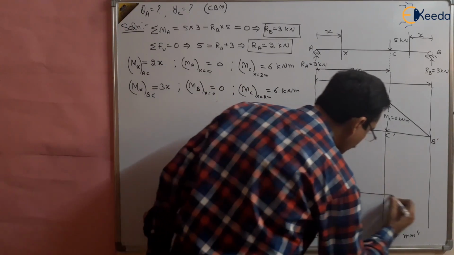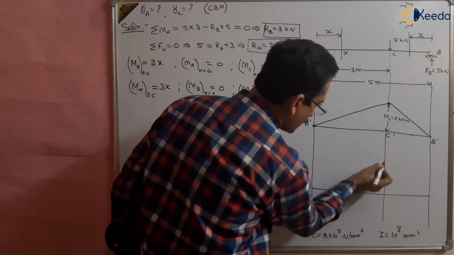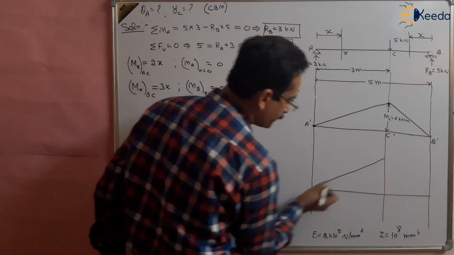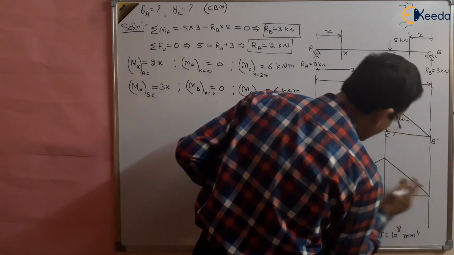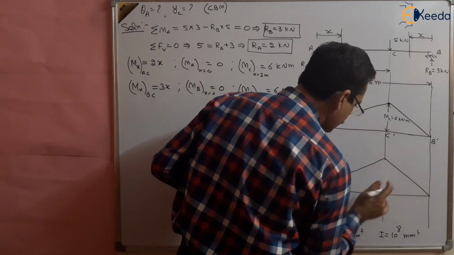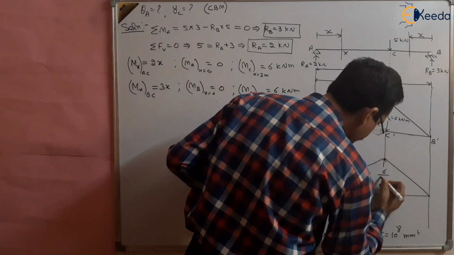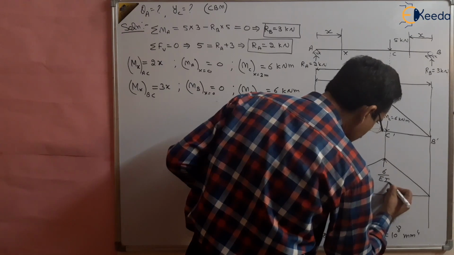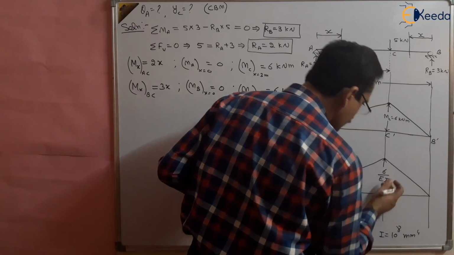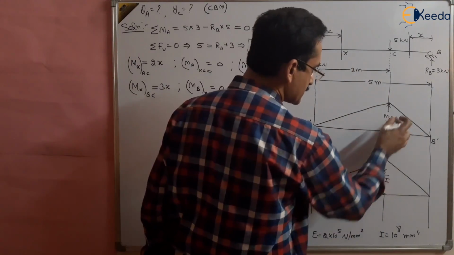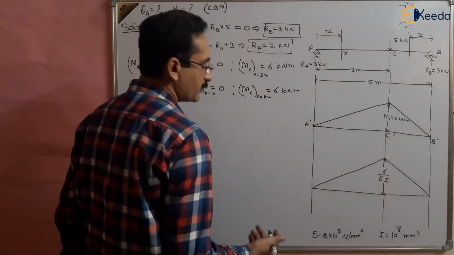So you can make another beam of the same type and show that this is a conjugate beam, this type of beam with width EI. So this is 6 by EI. We can use it here only, or otherwise divide later, or we can directly use 6 by EI so that it becomes easy.